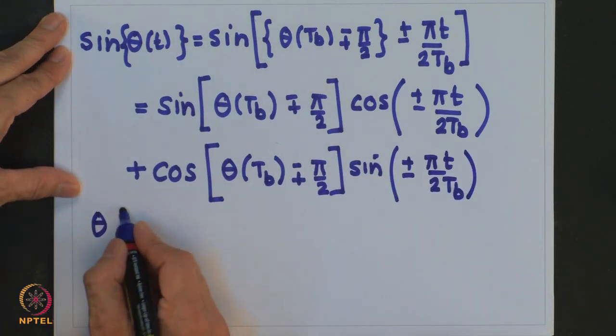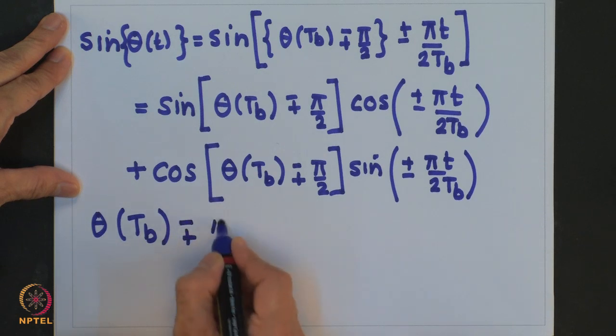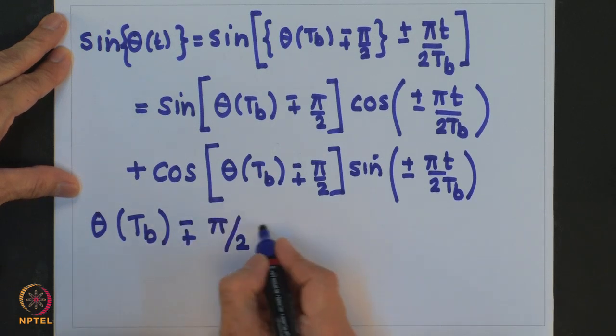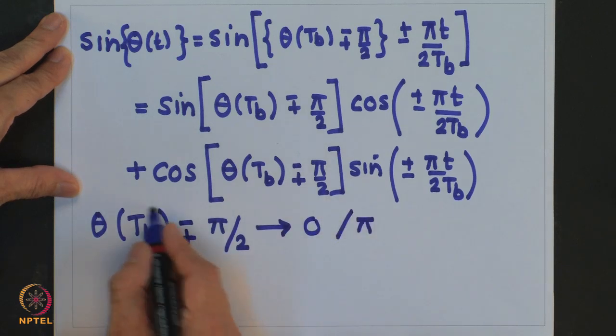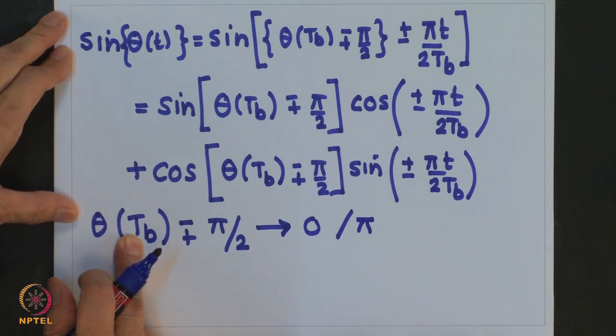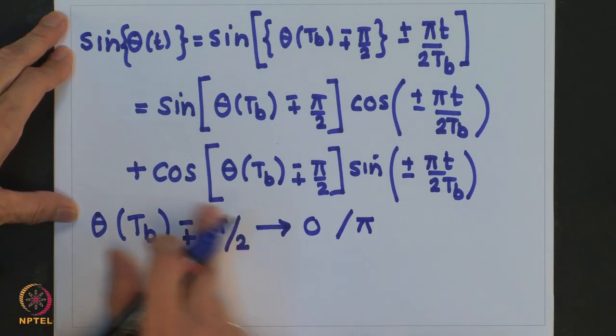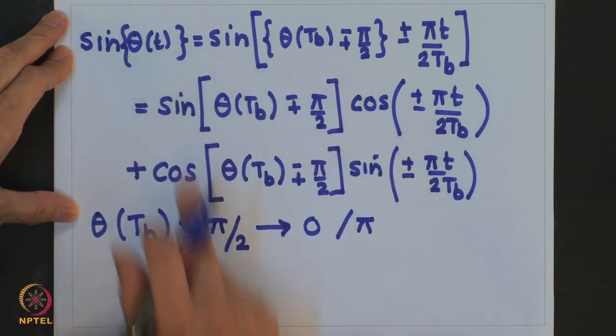Now, note that theta Tb minus plus pi by 2 can take values only 0 or pi, because theta Tb can take values plus or minus pi by 2. So, this implies that when this quantity is substituted here, it will go to 0.